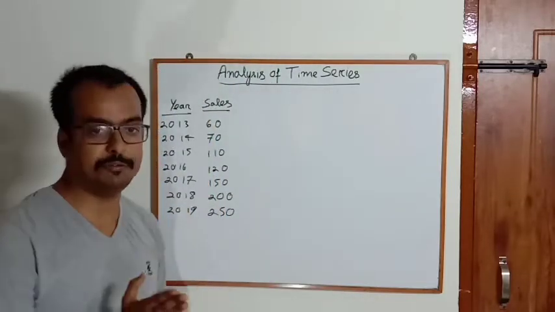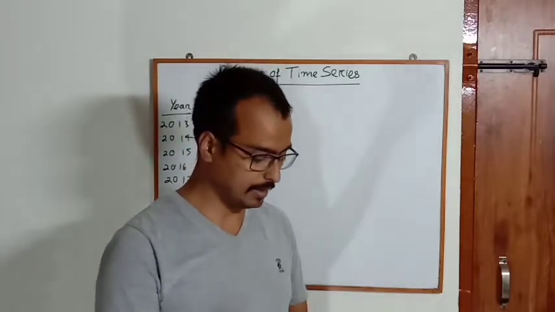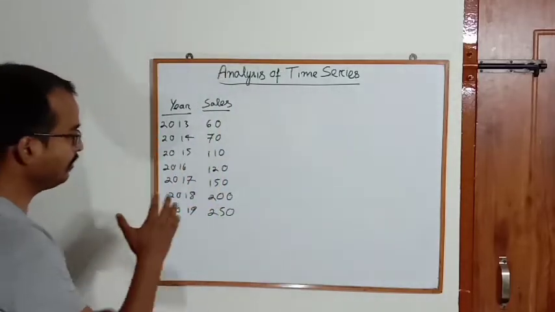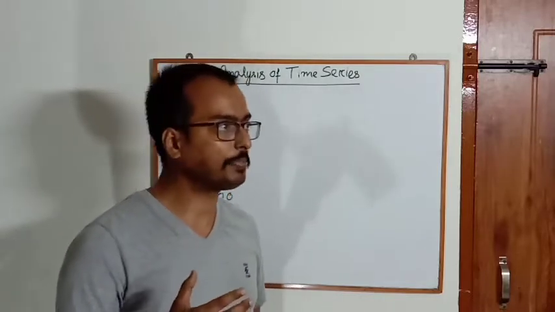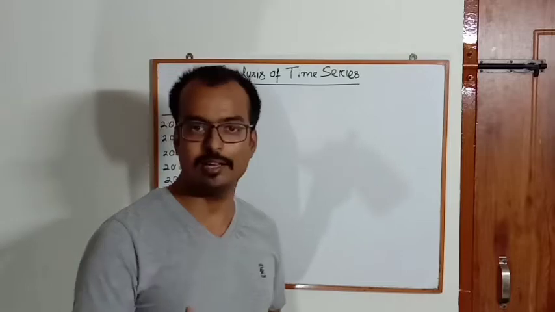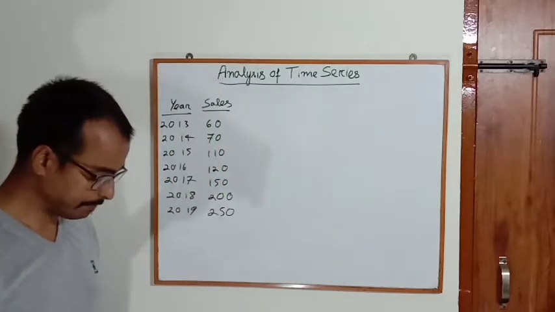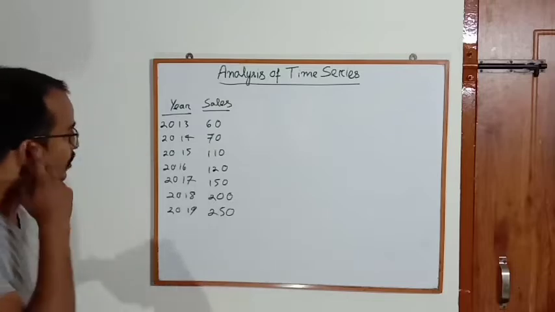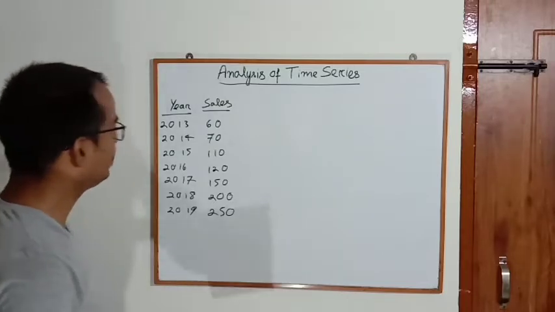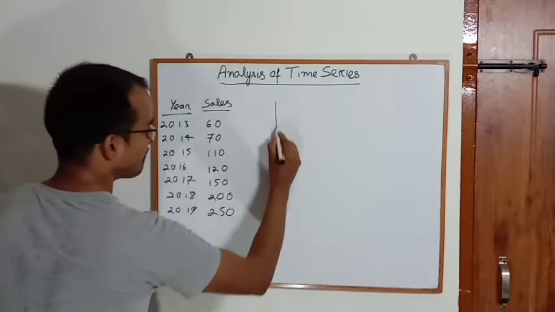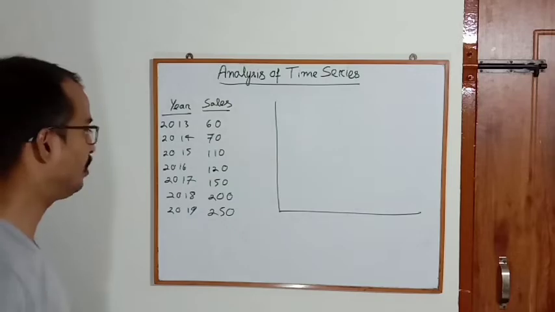If 6 or 8 information is there, you will face some problem in case of semi-average and other methods. Here you will not be facing any particular problem. I'll be using this data for semi-average also.